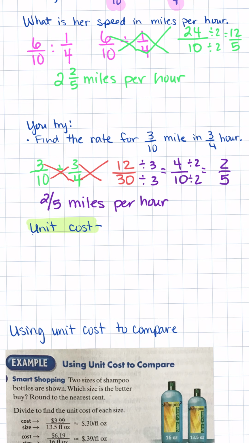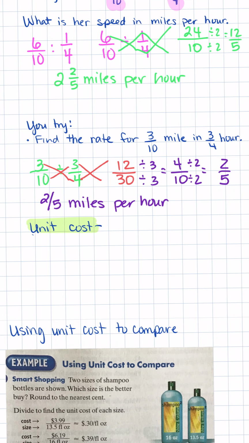Either one works. So I got 12 over 30. At first I just divided by 3 because I realized 3 went into both of them, but then I got 4/10 and I realized that 2 went into both of them. I really should have divided by 6 to skip a step, but that is not a big deal at all. I just divided each of them by 2 and I got 2/5. So our answer is 2/5 miles per hour.